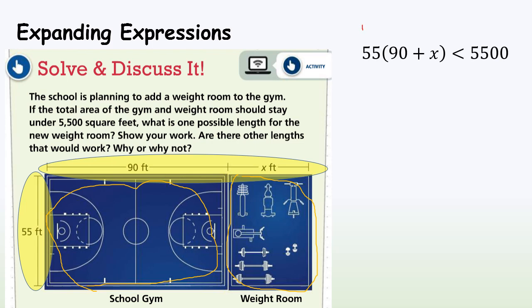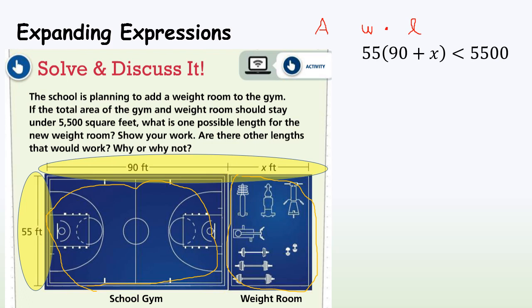So 55 is the width, and then the entire length would be 90 plus x. The area of a rectangle is width times length.